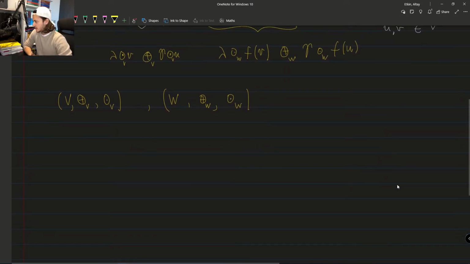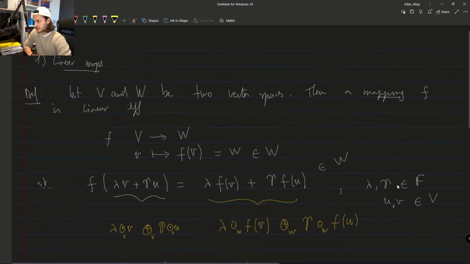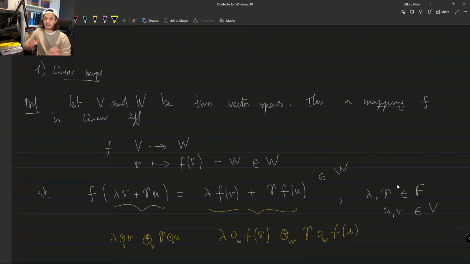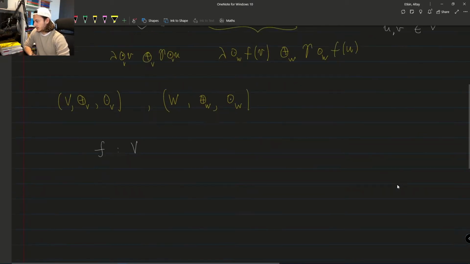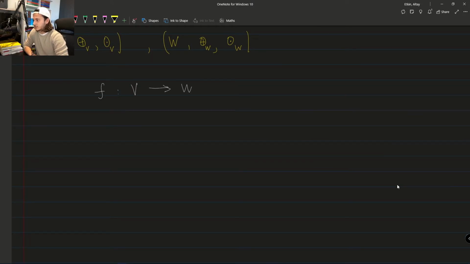Now, the interesting thing is that anything that satisfies this is a linear operator, and we're going to denote them with this special notation. Instead of defining the map in this way, we would write V to W, but with a tilde above the arrow, and that would mean that V is mapped to F of V in a linear fashion.